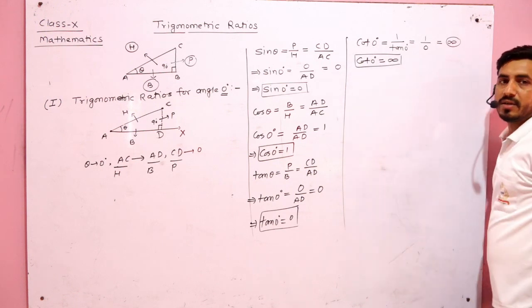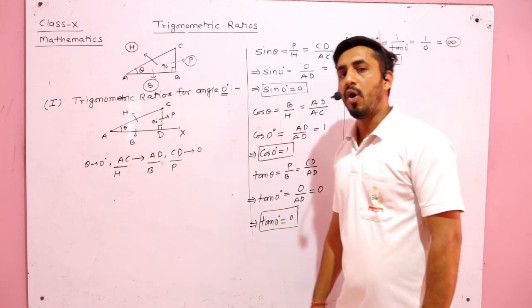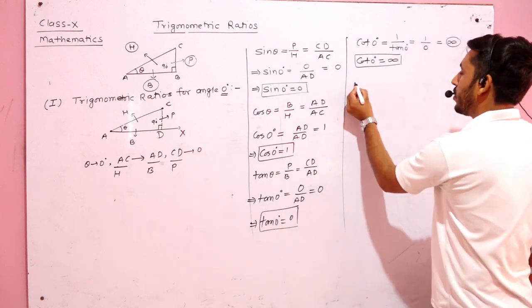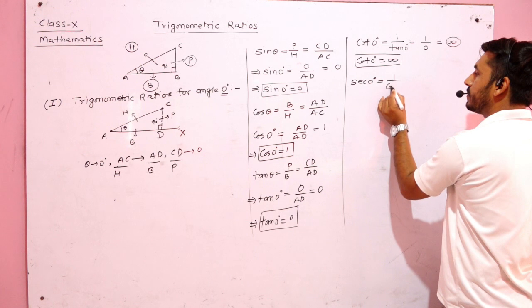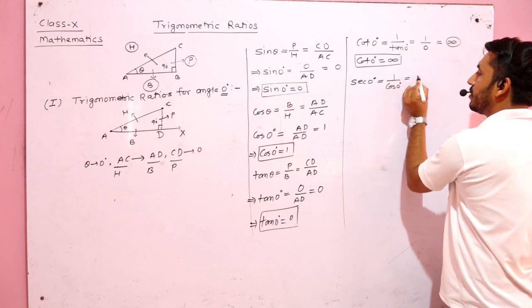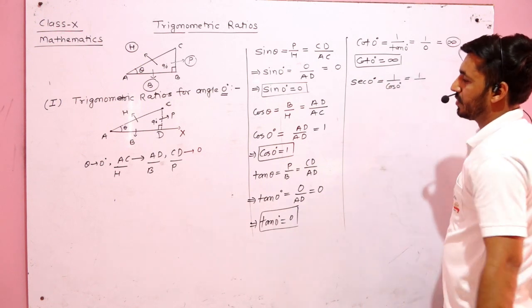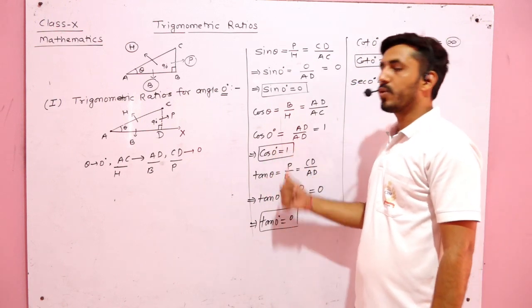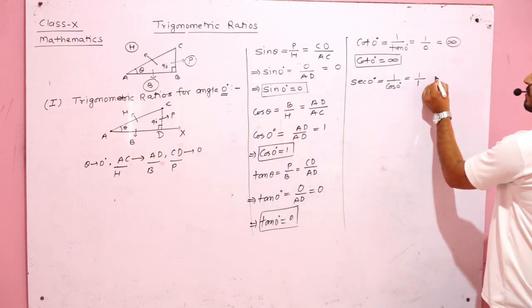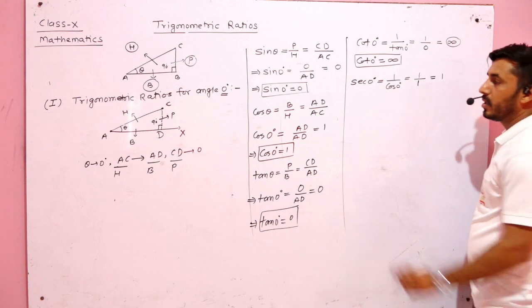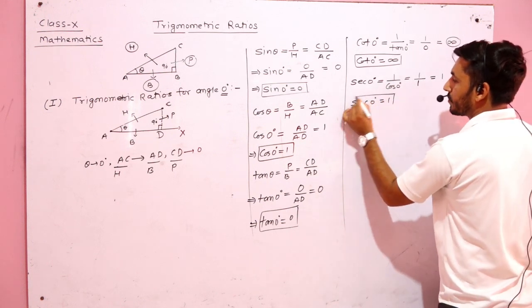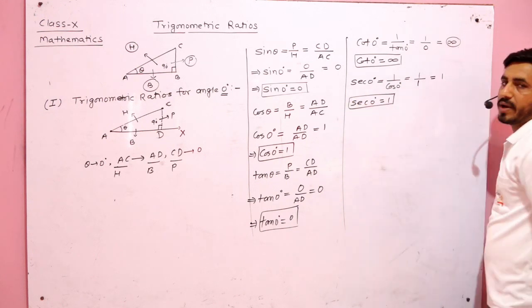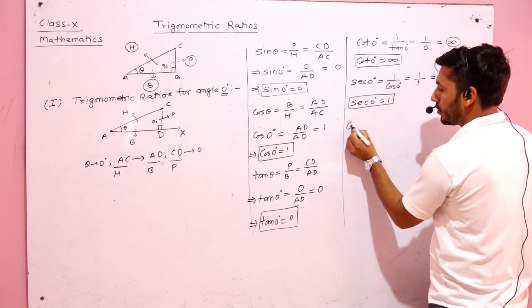In the next condition we will find the value of sec 0 degree. As we know, sec 0 degree is the opposite of cos 0 degree. Then the obtained value will be 1 upon, what is the value of cos 0 degree? It is equal to 1. Then 1 by 1 is 1. Then sec 0 degree is 1. And the last one, cosec 0.